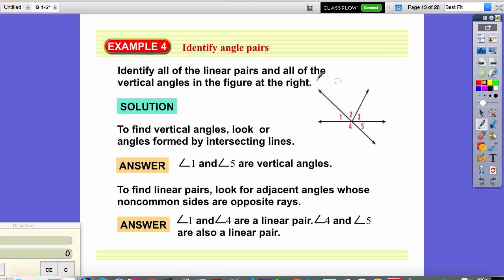We're going to find all the linear pairs and all of the vertical angles. So 1 and 5 are vertical angles. 1 and 4 are a linear pair. 1, 2, and 3 are not a linear pair because a linear pair is 2, not 3.